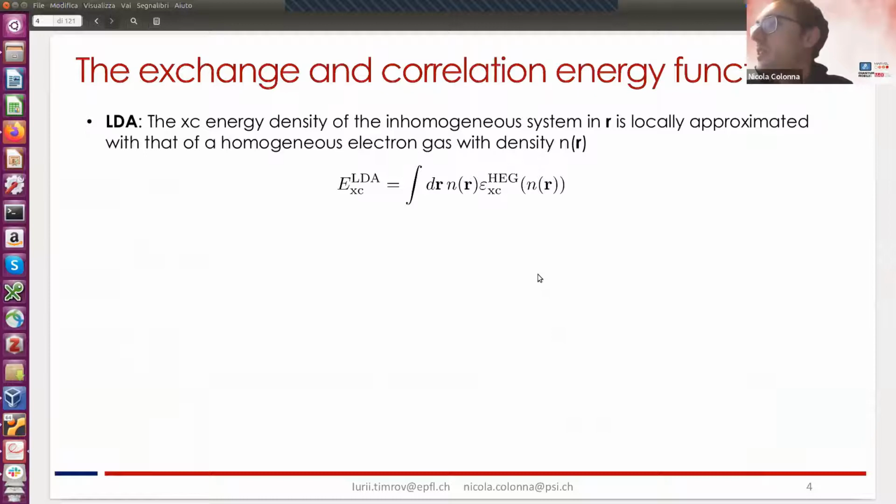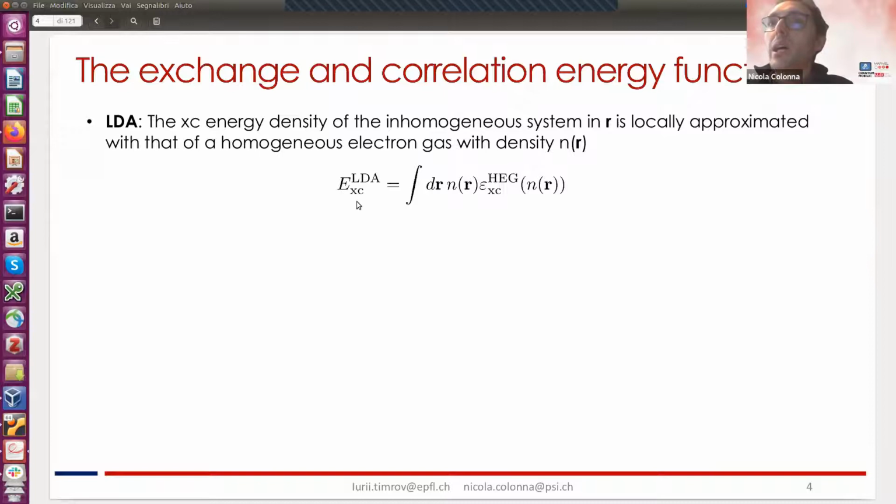We are lucky enough that people tackled this problem, and already a couple of years after the introduction of the Kohn-Sham mapping, Kohn and Sham themselves proposed a very simple approximation based on the so-called local density approximation, where the energy density of the system at any point in space is approximated with that of a homogeneous electron gas that has a density equal to the local density of the real system.